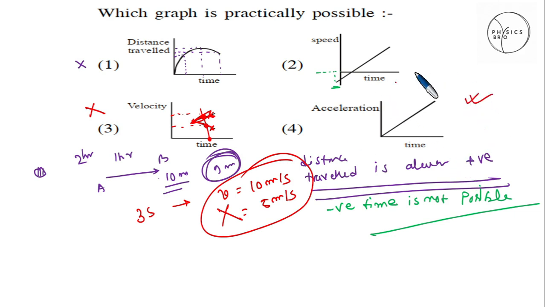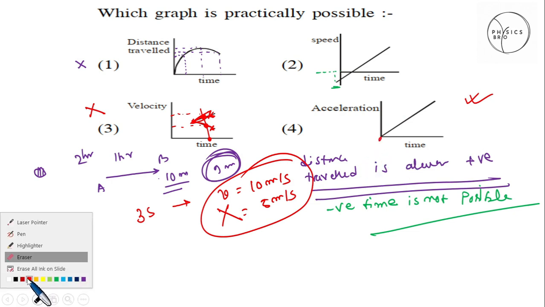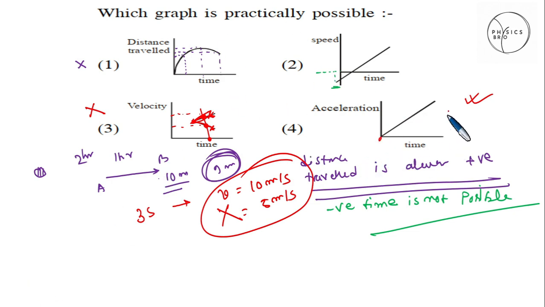This must be right, but why? It is acceleration by time, and it starts from t equal to 0. Look, this problem has nothing unusual. Why? Time is increasing and acceleration is increasing, so the change in acceleration could be there. This is possible. Let's say a car is moving.